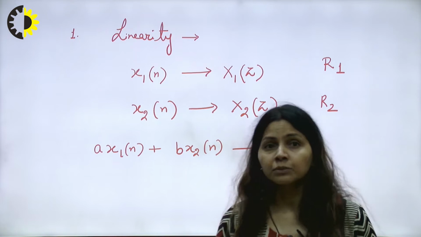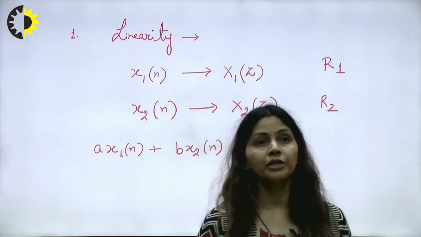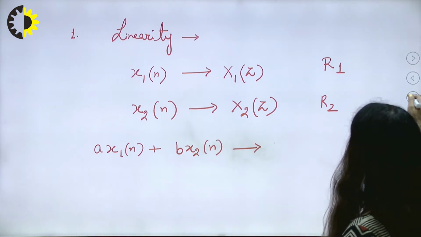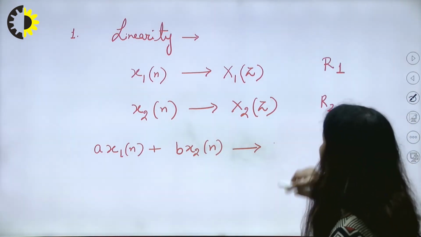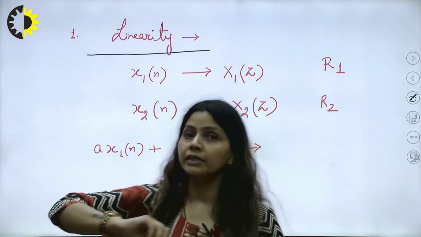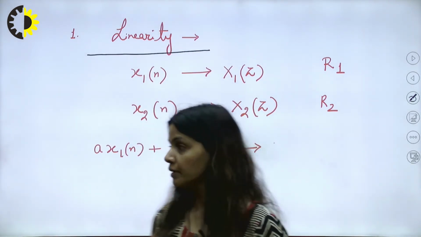Coming to the first property of the Z transform, that is linearity. So what is the linearity property?